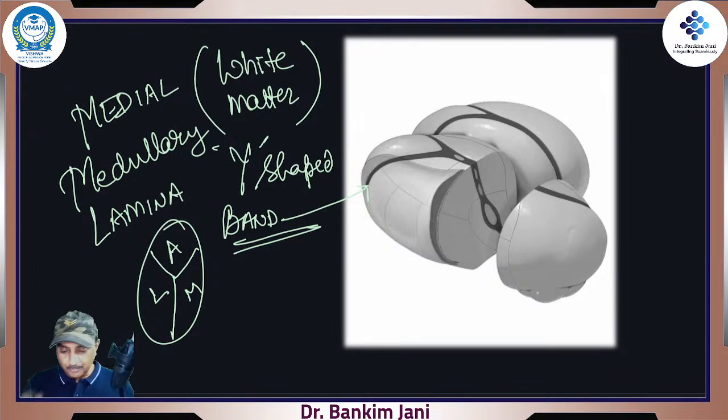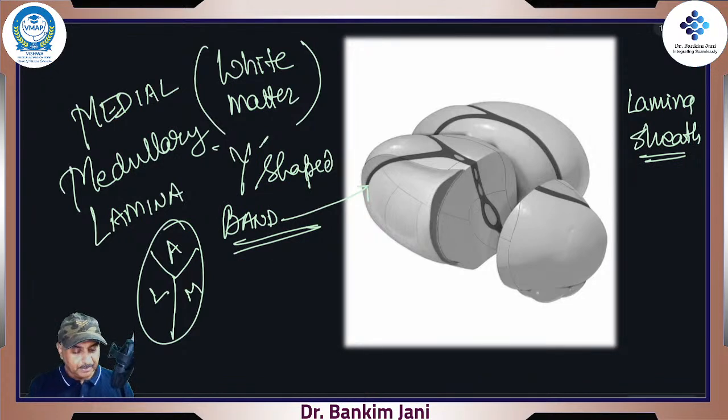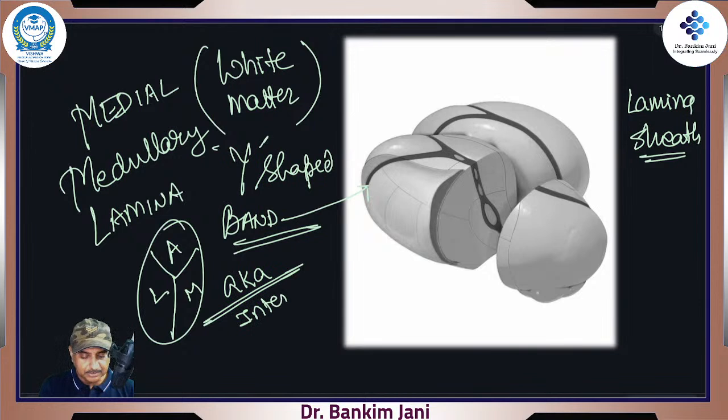When it is covered, there will be sheaths. Lamina means sheath, something which is covering it, in the form of bands. When we say medullary lamina, it is also known as the internal medullary lamina.